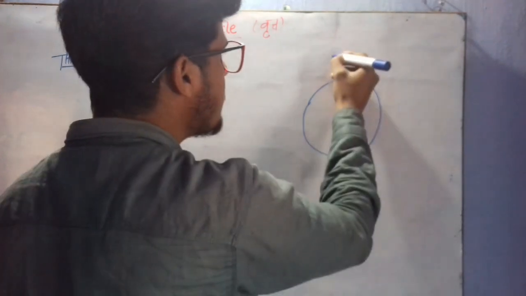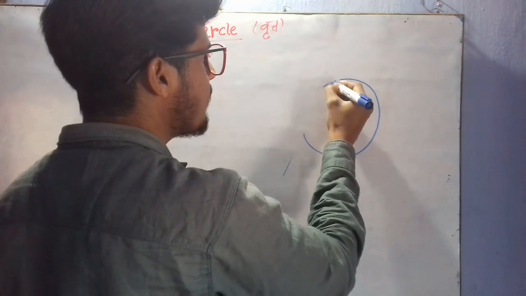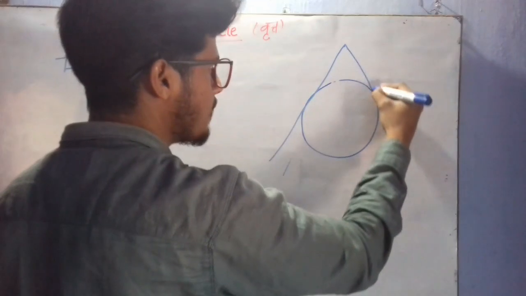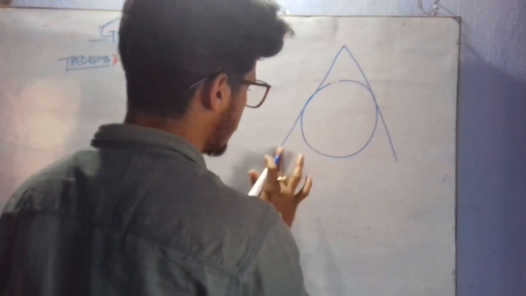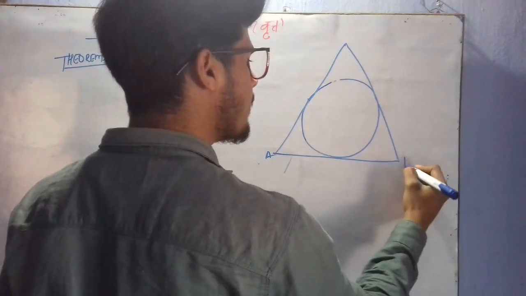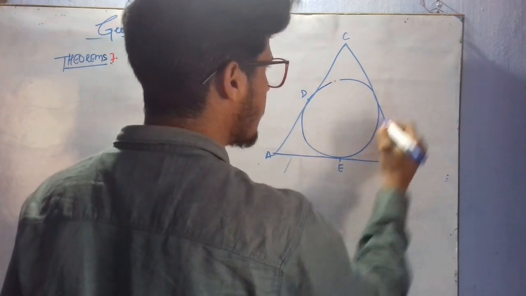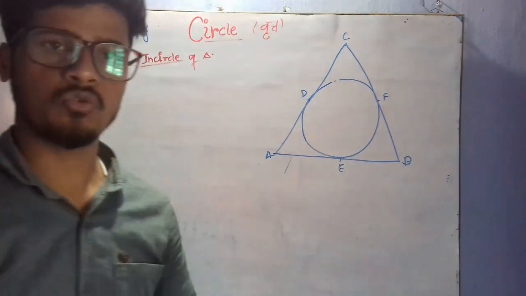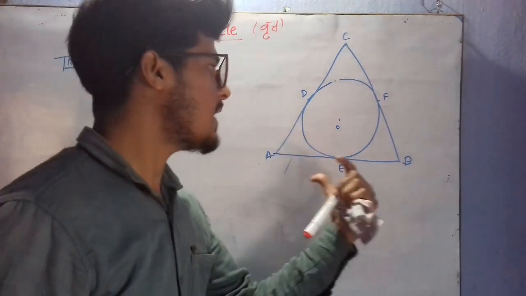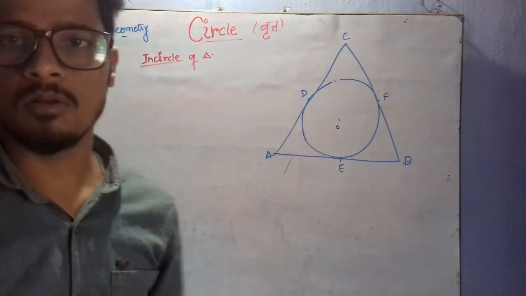touches the side of a triangle, with vertices A, B, C and touch points D, E, F in such a way, then the circle formed in such a way is called the incircle of a triangle.